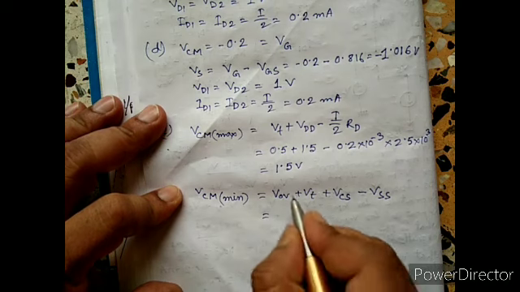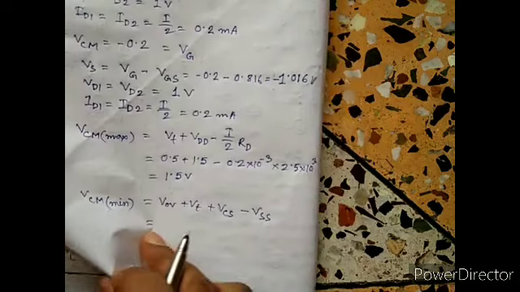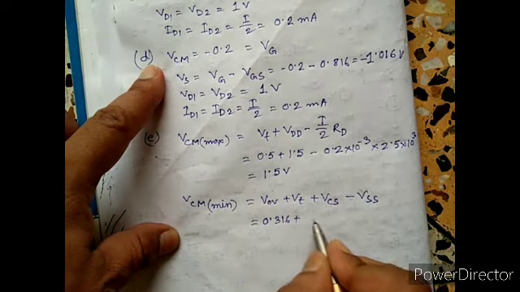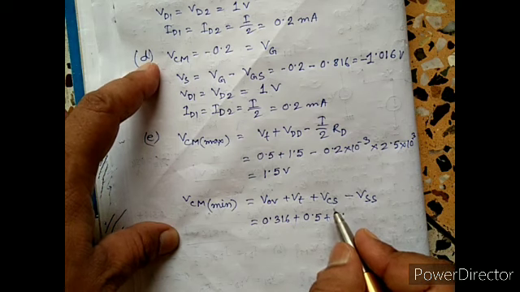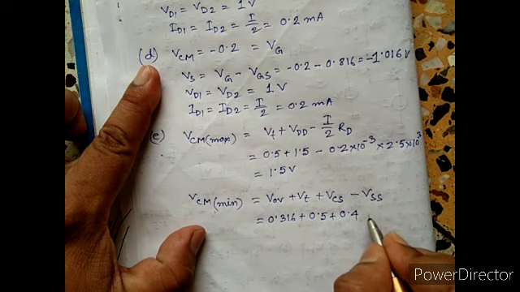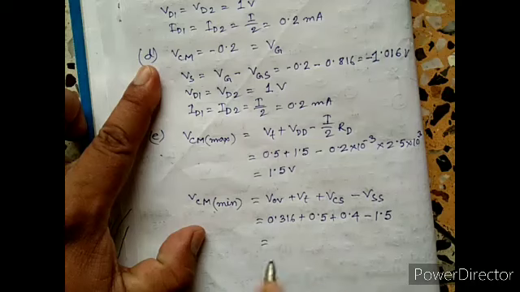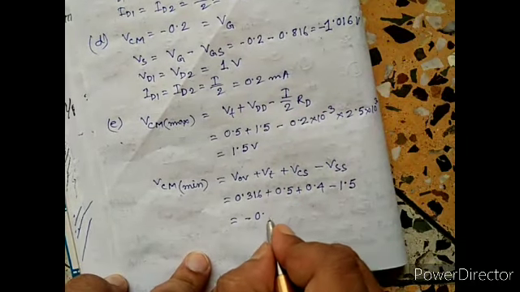The overdrive voltage we found is 0.316, plus threshold voltage 0.5, plus VCS, the minimum potential required to operate the ideal current source properly, given as 0.4, minus the VSS value, minus 1.5 volt, which gives minus 0.2.